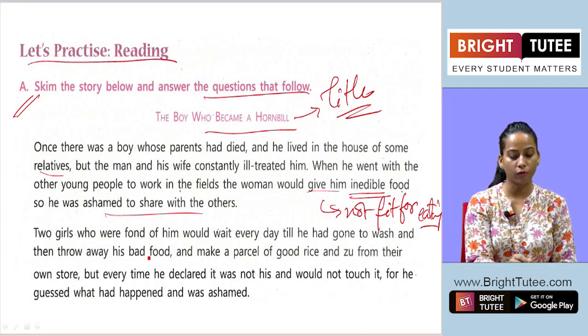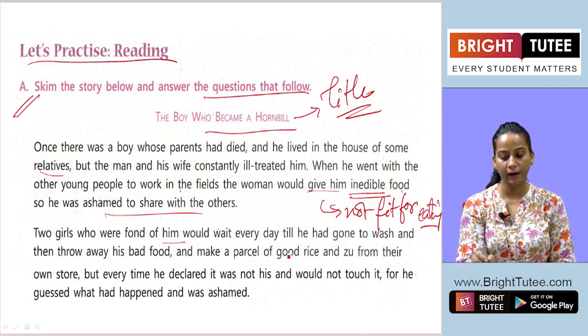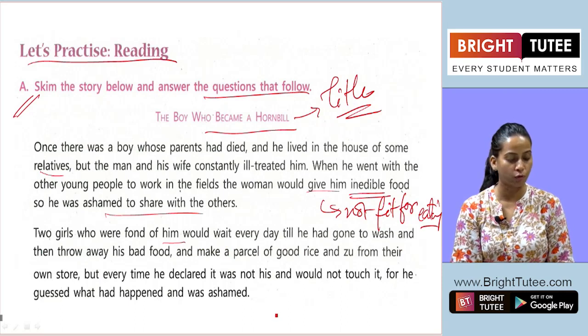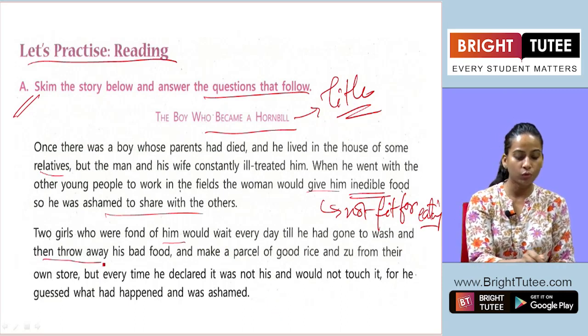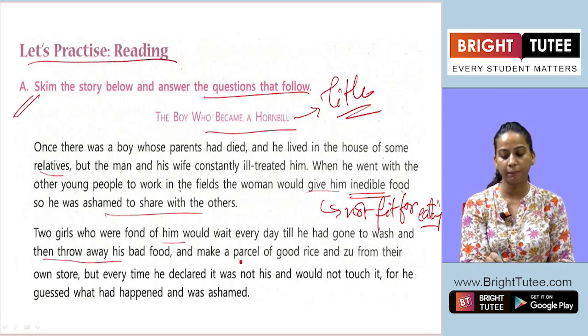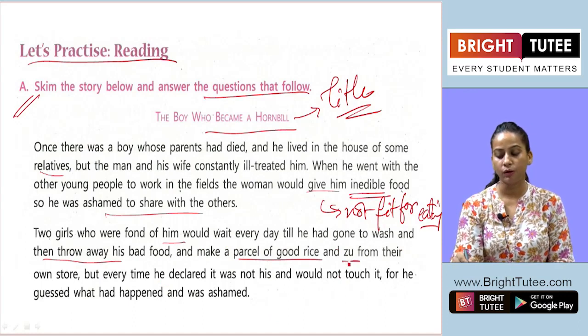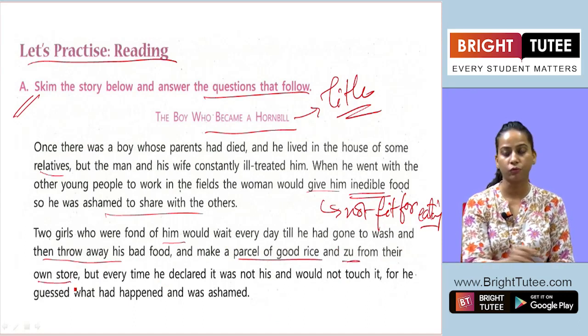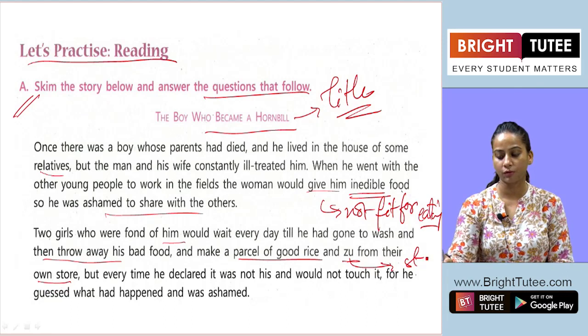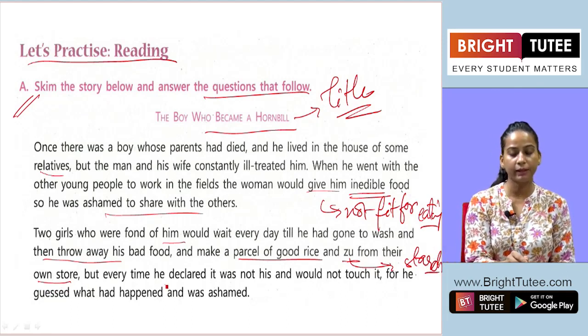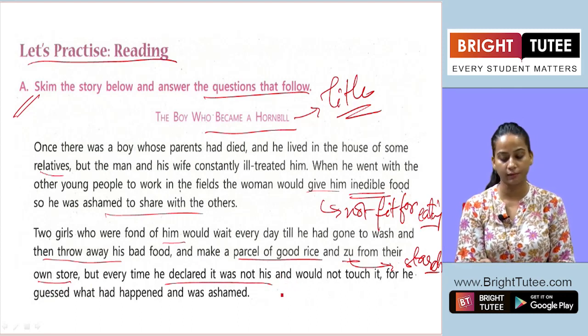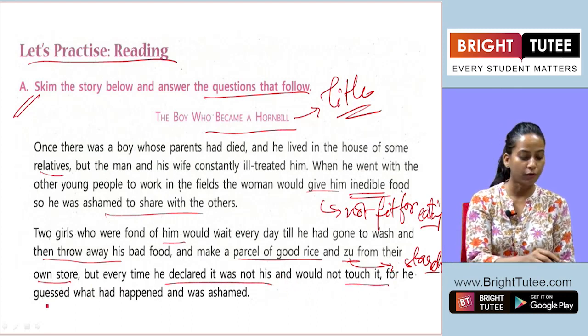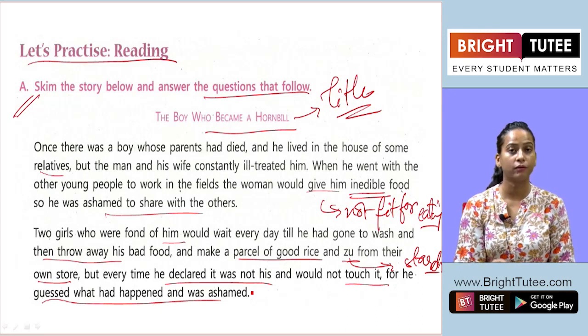Two girls who were fond of him would wait every day till he had gone to wash and then throw away his bad food and make a parcel of good rice and jus from their own store. Jus is a sort of rice starch, you must be aware of. But every time he declared it was not his and would not touch it, for he guessed what had happened and was ashamed.